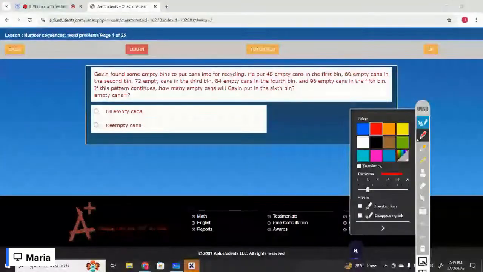Sixty plus 12 is 72. 72 plus 12 is 84. And 84 plus 12 is 96. 96 plus 12 is 108. Option number 1 is the correct one.